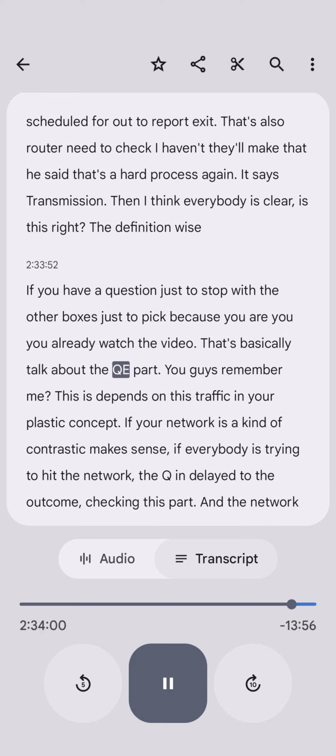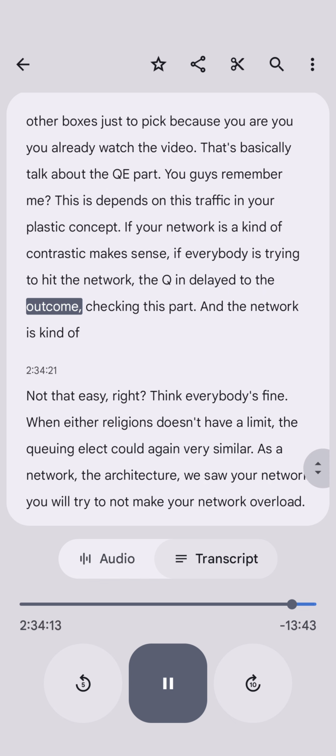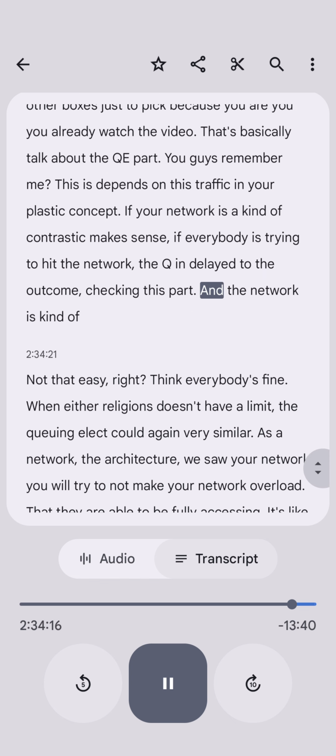That's basically the queuing part. You guys remember this depends on the traffic intensity concept. If your network is congested, makes sense? If everybody is using the network, the queuing delay will grow. When the network is relatively not that busy, then everybody is fine. When it reaches a certain limit, the queuing delay could get very significant. As a network architect, when you design your network, you will try not to make your network overloaded.